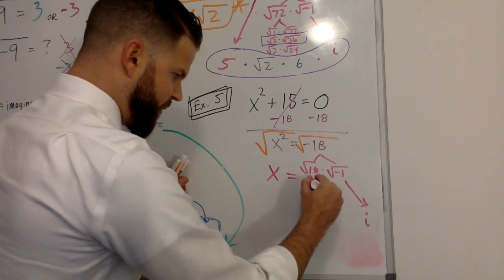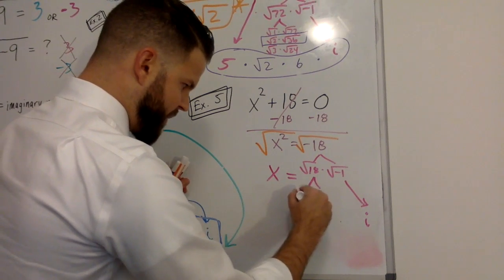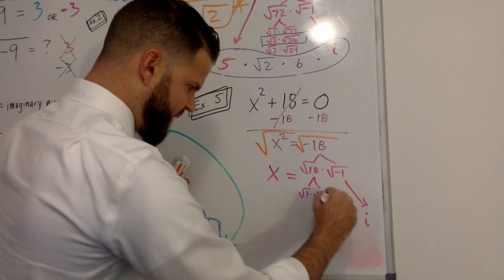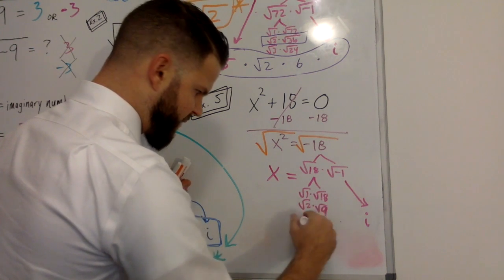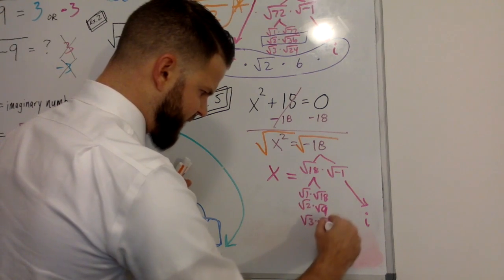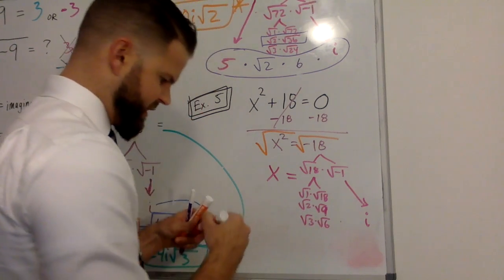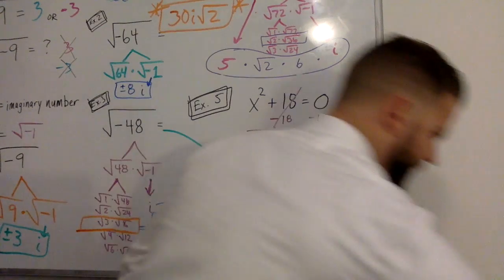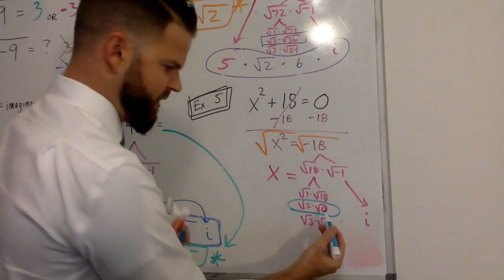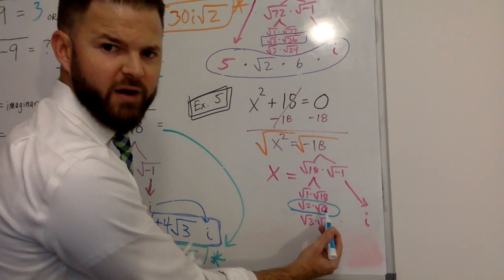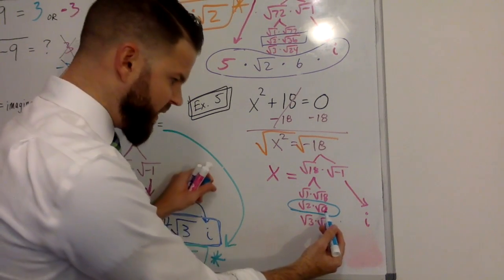This guy, I got to chop him up. So I can chop him up as radical 1 times radical 18, radical 2 times radical 9, radical 3 times radical 6. All right, pump the brakes right there. I found him. It's going to be this guy, radical 2 times radical 9, because 9's a perfect square. What's the square root of 9? 3.